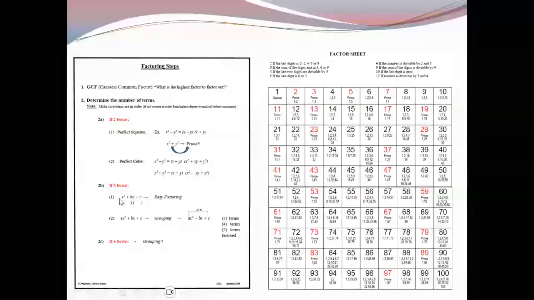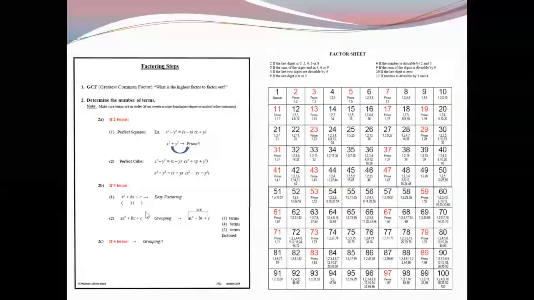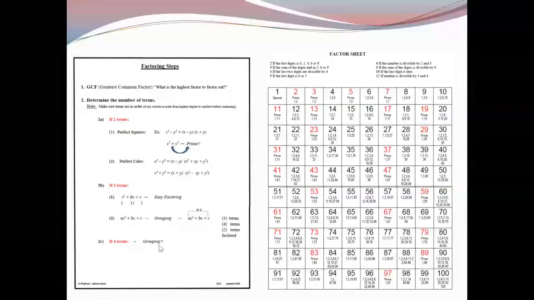Then if it's 3 terms, I call it the easy factoring because it's easier than number 2 here. And number 2, I'm going to do it by grouping. There are always different ways to factor. But this is what I use, and students tell me that this is the easiest way to factor. And if it's 4 terms, I'm going to do it by grouping. I repeat, many instructors use different methods, and also if you go to Google, they all have different methods to factor.